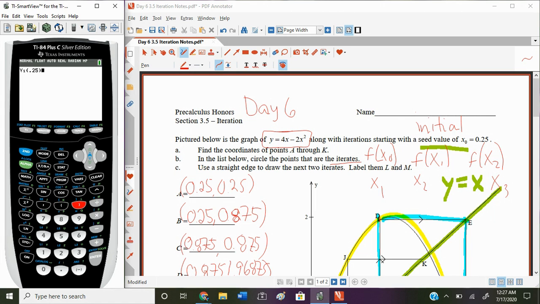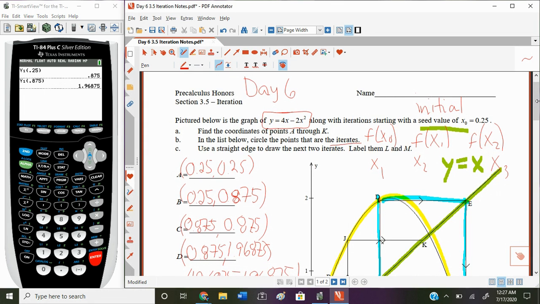So if we do that, there's our 0.875. And then we repeated that process. We substituted into the y equals equation. This time for point D, we substituted in 0.875, and we got 1.96875.